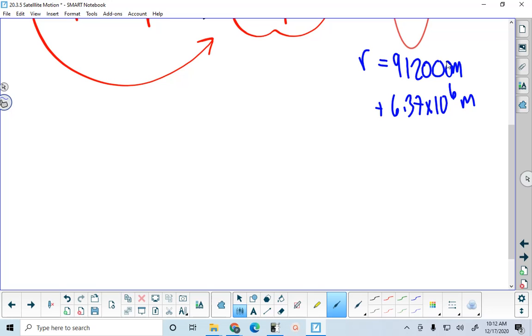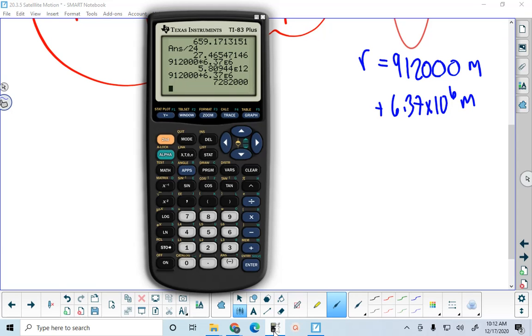So when you take 912 kilometers multiplied by 1,000 meters in a kilometer, you get 912,000. So my mistake was in what I wrote, but I believe that what I entered in the calculator is correct.